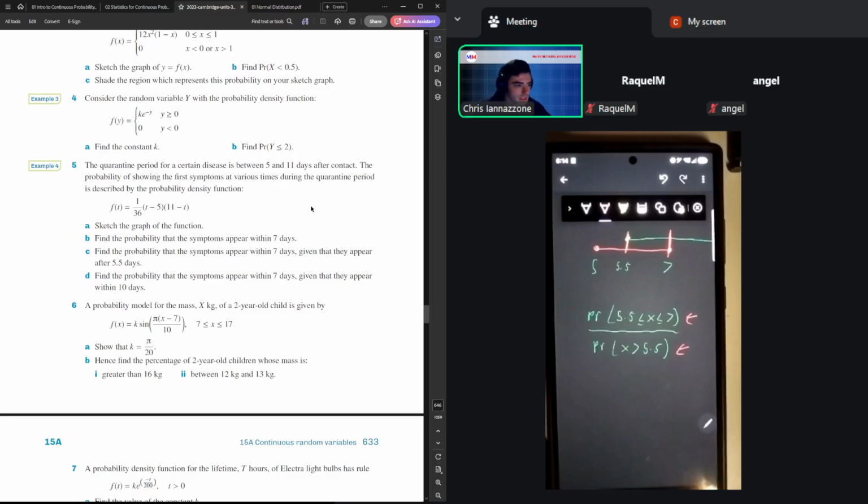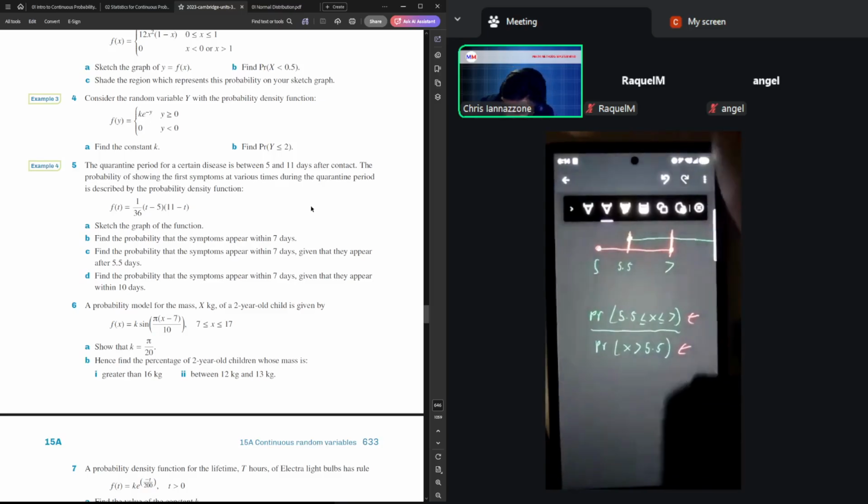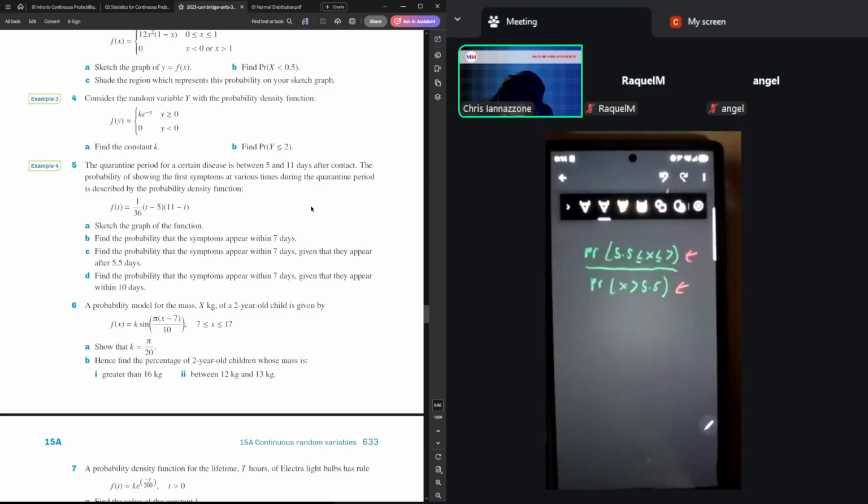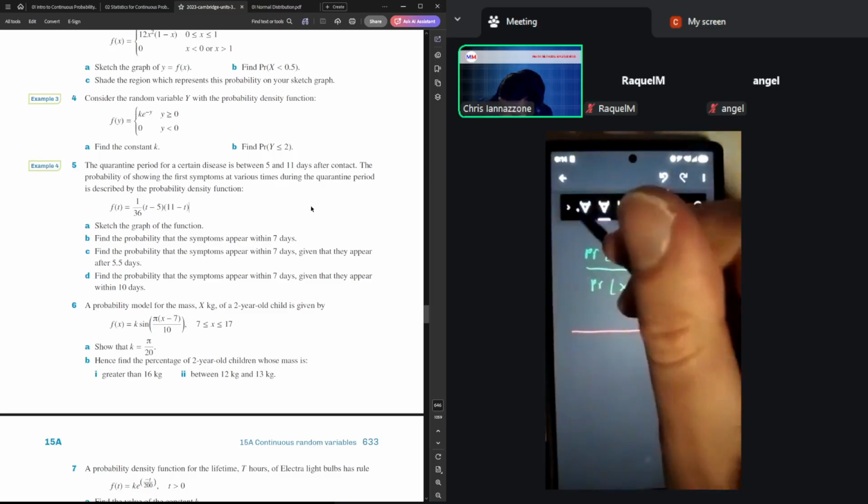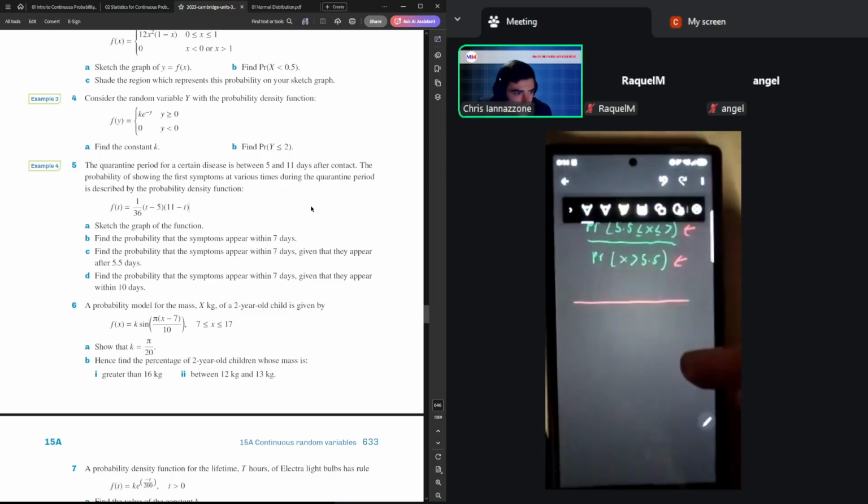We can repeat the exact same thing for part D. Again, it's find the probability of symptoms within 7 days. This time the conditional is given that they appear within 10 days. So, only slightly updating what's going on.